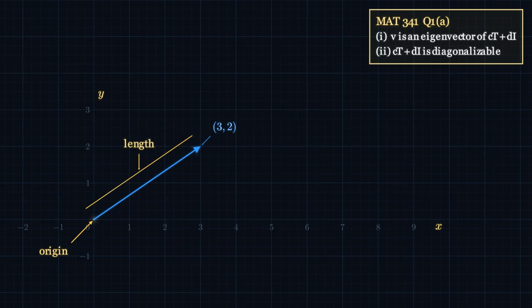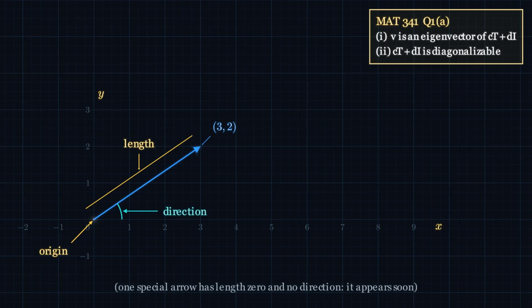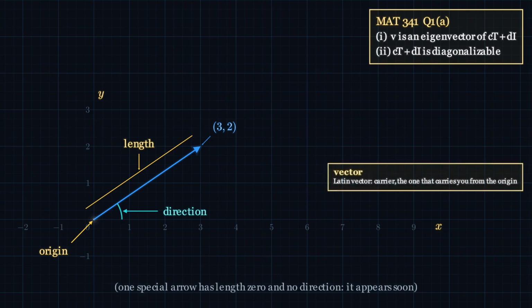Two things describe it completely: how long it is, and which direction it points. That is all a vector is. An arrow with a length and a direction, anchored at the origin. And the word itself tells you this. Vector is Latin for carrier, the arrow that carries you from the origin to a point.